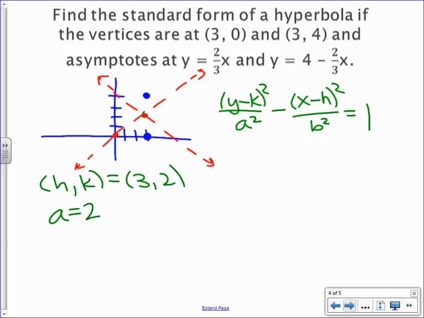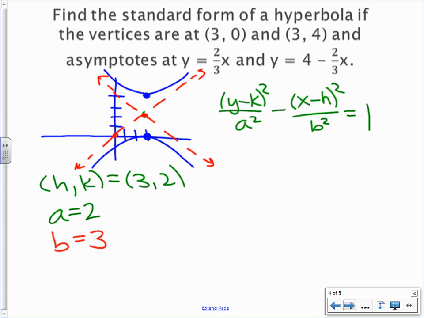Okay, Jenna, talk us through how you got B to be 3. Okay, our slope is always going to be either A over B or B over A. So if we're looking at this hyperbola that's opening vertically, we know that we moved A vertically to plot those points, and we're going to have to plot those B values horizontally.